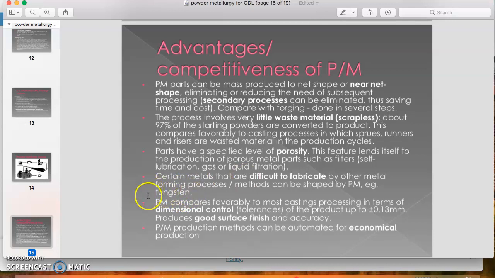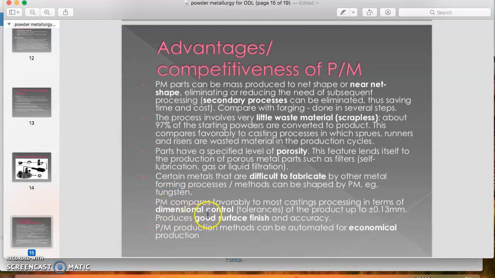Can we shape the tungsten material using casting? Yes, we can, but it requires a lot of energy to melt the tungsten. So the best way is to take the tungsten in the form of powder, compress it, and put it in the furnace to allow for the sintering process.